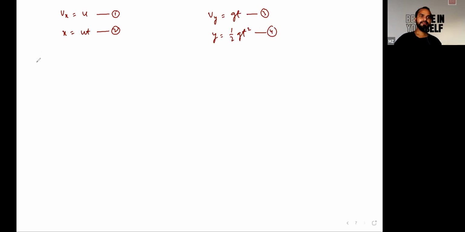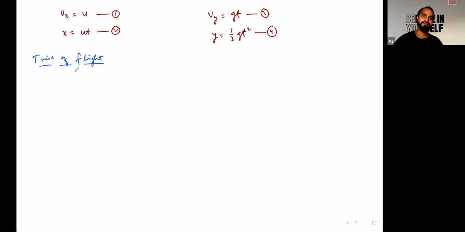First term is time of flight. So what do you mean by time of flight? The total time taken by that particular particle to reach the ground from the starting position is called time of flight.